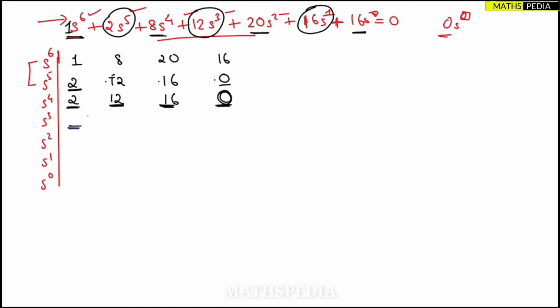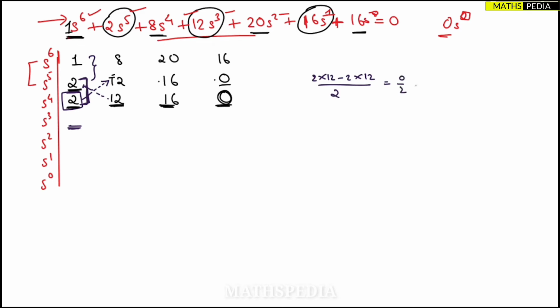Okay? So s power 3, this element, how to write? Now we have to see this 2. Starting we saw these two elements, now we have to see these two elements, and the denominator will be this one. So bottom to top, it is 2 into 12 minus 2 into 12 divided by the element 2.